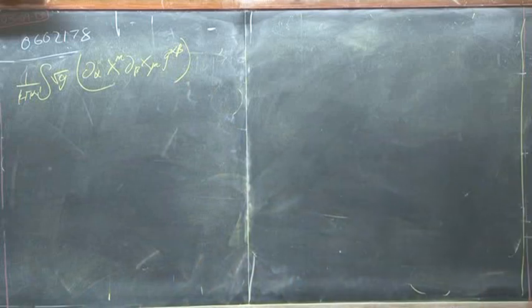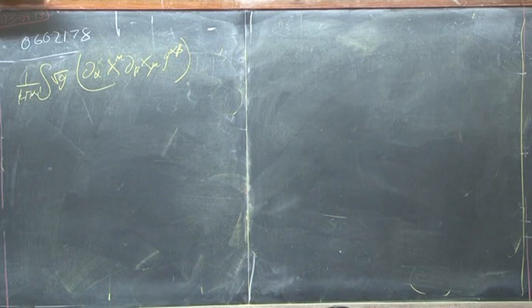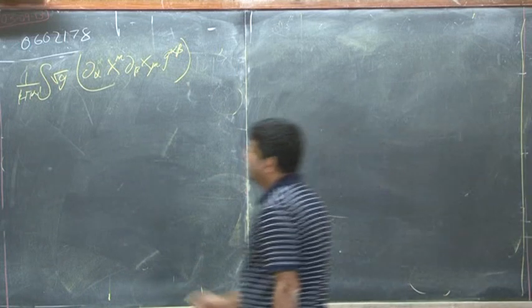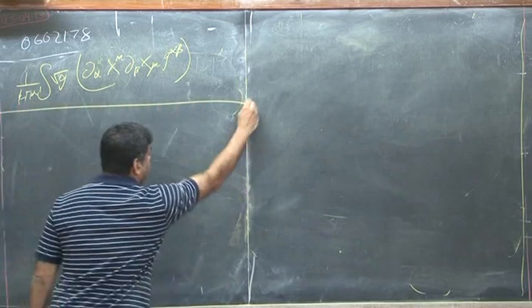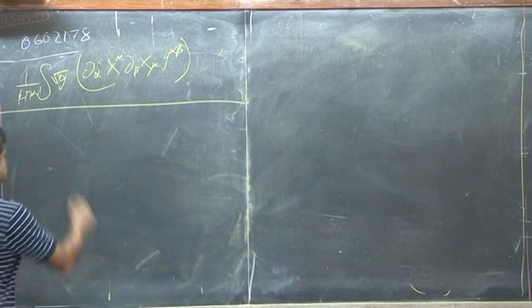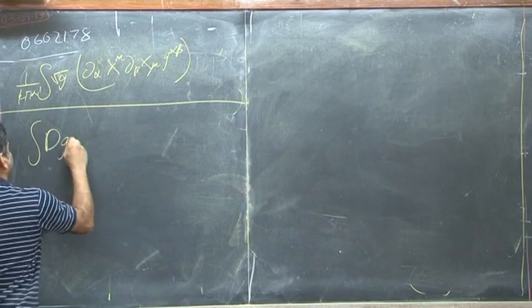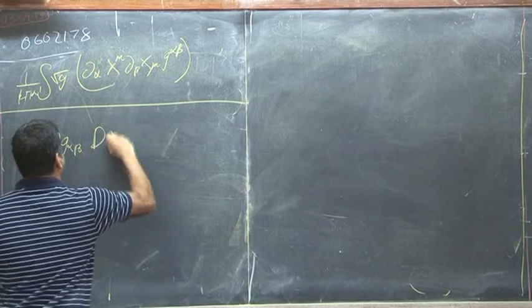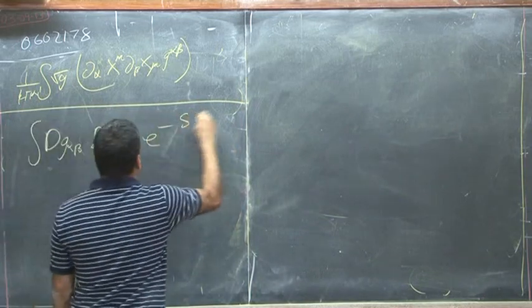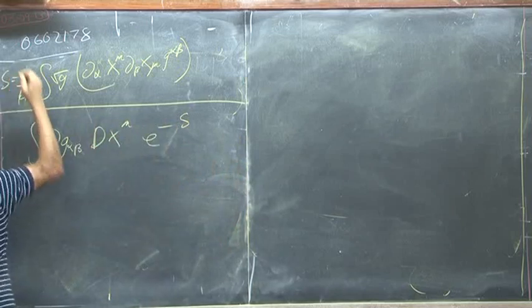You remember from our first couple of lectures that we decided that this was the action of interest to us. And what we're going to do is to try to evaluate the Euclidean path integral, dg alpha beta dx, e to the power minus S, where S is equal to this.